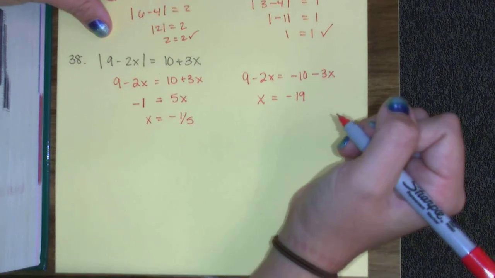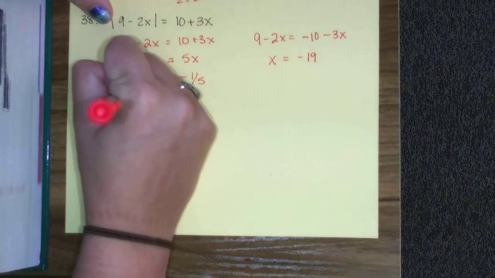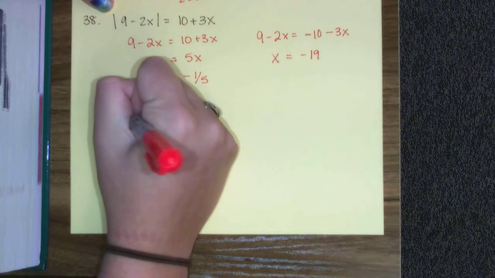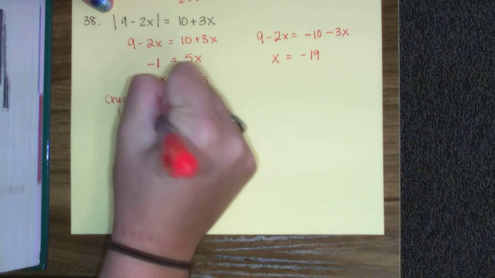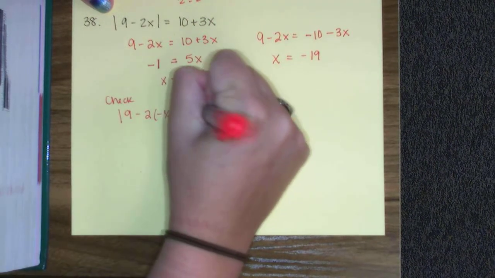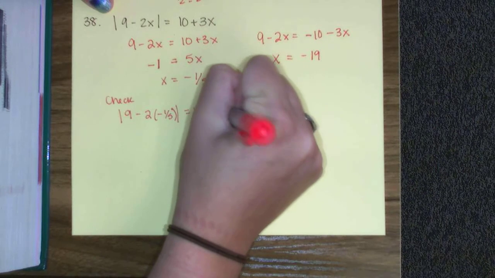All right, so now I need to check them. So I have the absolute value of 9 minus 2 times negative 1/5 is equal to 10 plus 3 times negative 1/5.